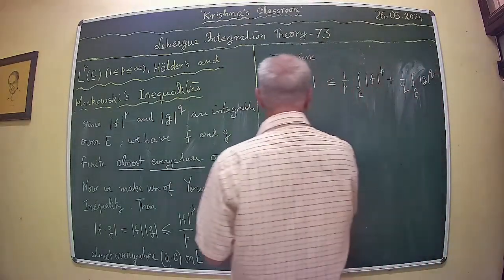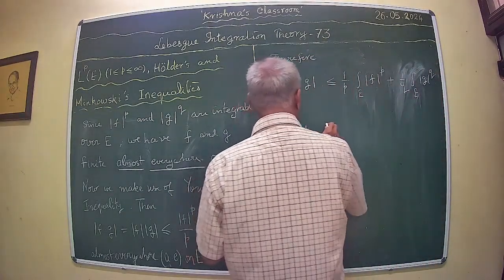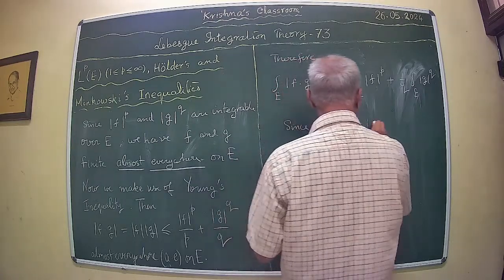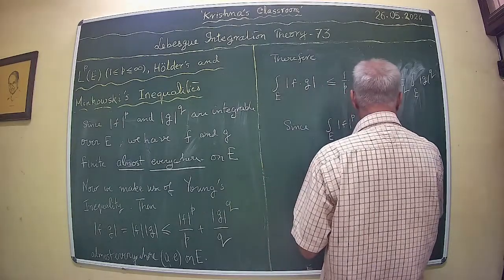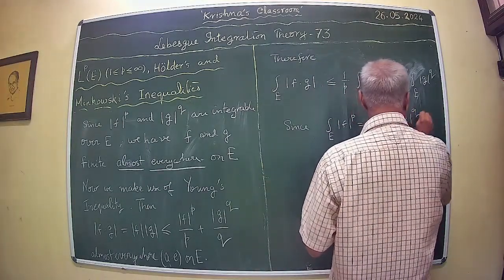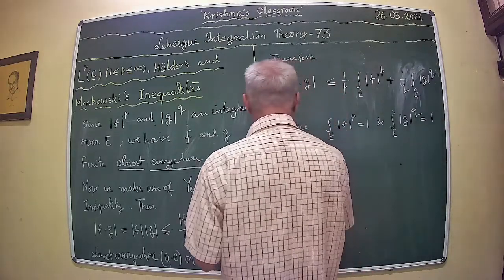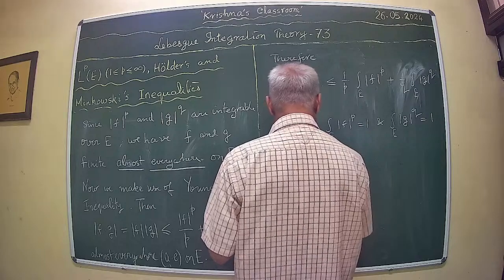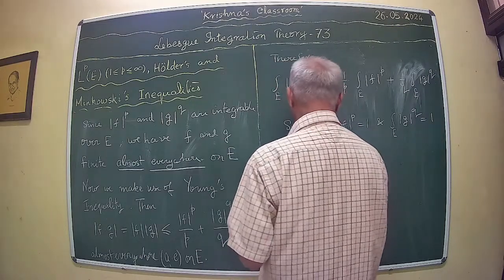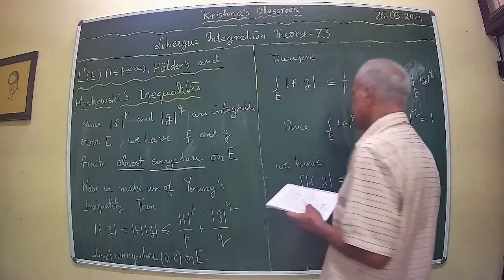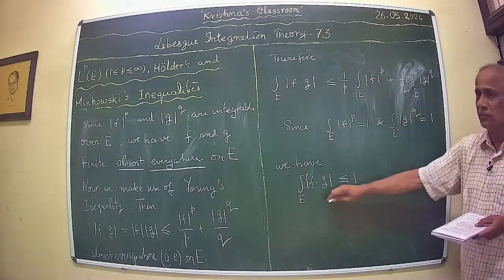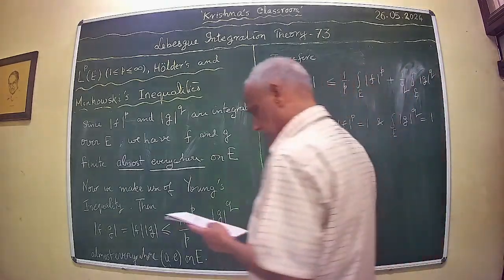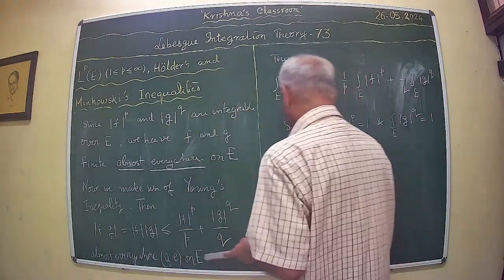And since both are equal to 1, we have the bound. So we have proved this inequality, and the consequence of this is that for normalized functions you apply this, and from that you get the general inequality. Okay, so that's it.